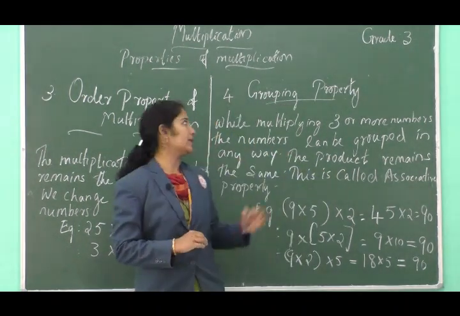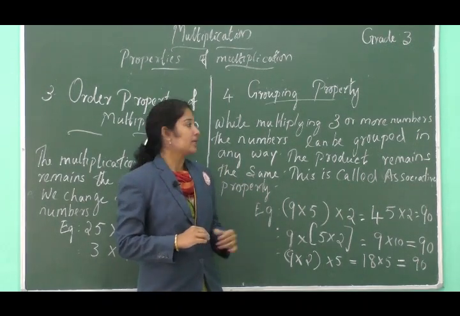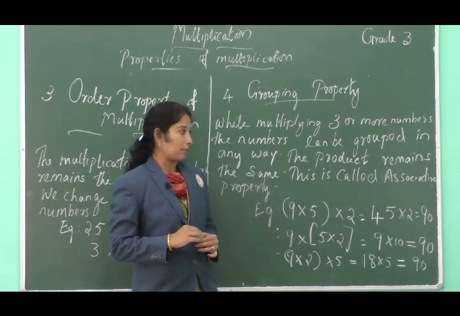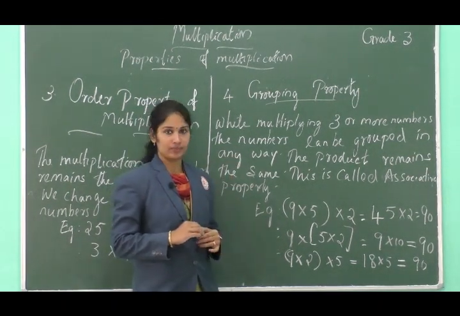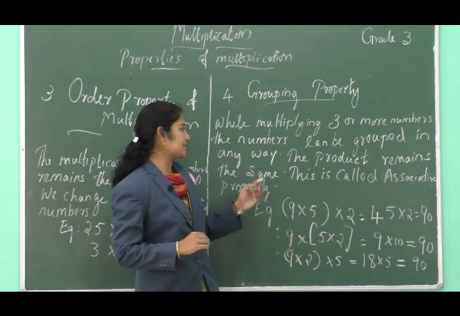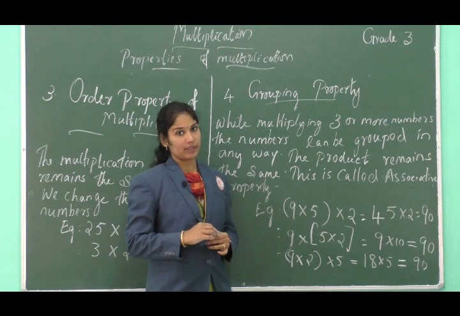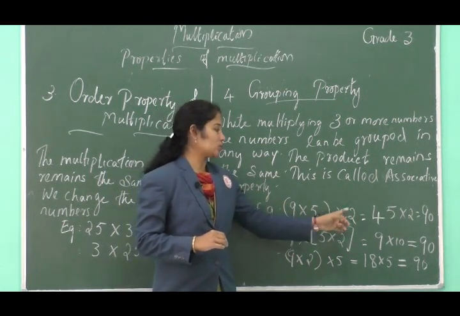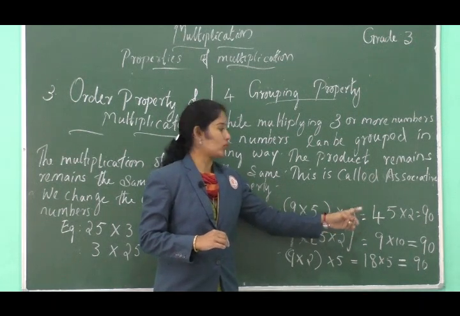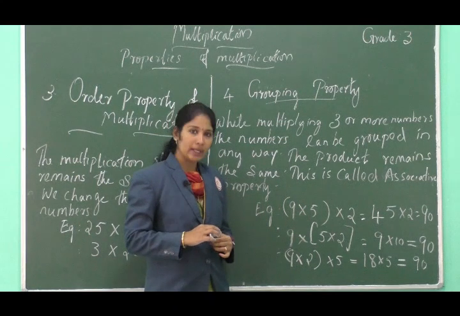Our next property is grouping property. While multiplying 3 or more numbers, the numbers can be grouped in any way. The product remains the same. This is called associative property. For example, 9 into 5 into 2 is equal to 45 into 2 is equal to 90.